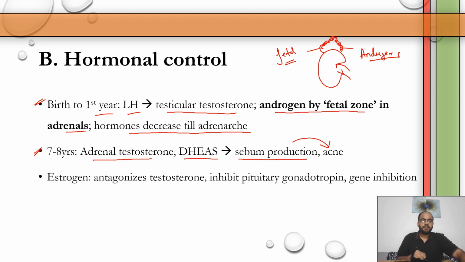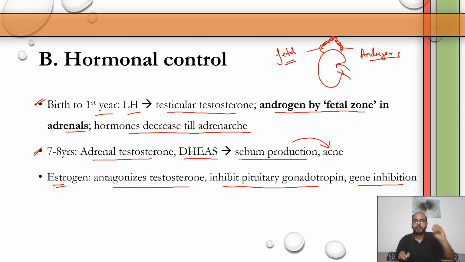Estrogen initially antagonizes testosterone and inhibits the pituitary gonadotropin and also causes gene inhibition. So these three ways are the reasons of inhibition of acne by estrogen. So that is why hormonal acne improves on OCPs, on estrogen containing OCPs, because estrogen antagonizes or acts opposite to the testosterone. How does it act?